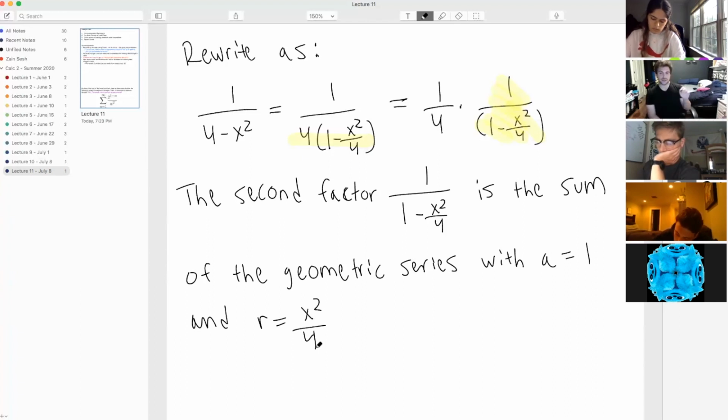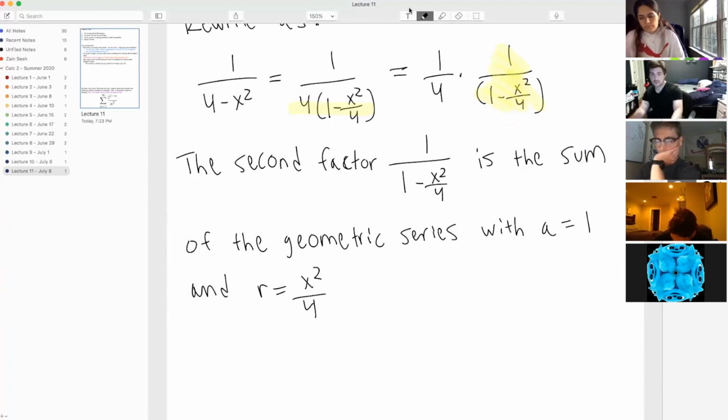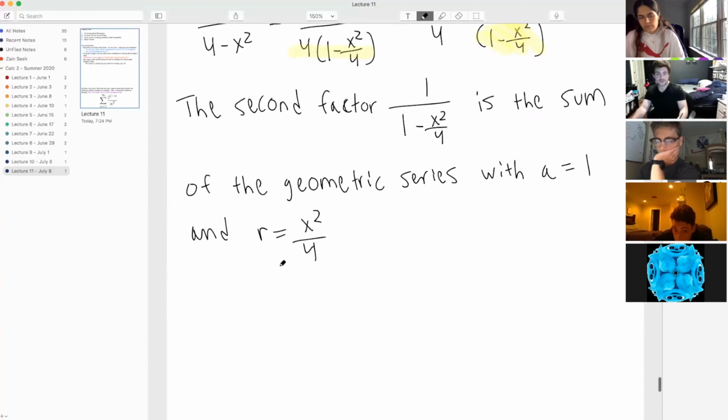So we're essentially using the geometric sum formula in reverse. So that's it. We have identified our initial term and our ratio. Now we can rewrite this as an infinite series.